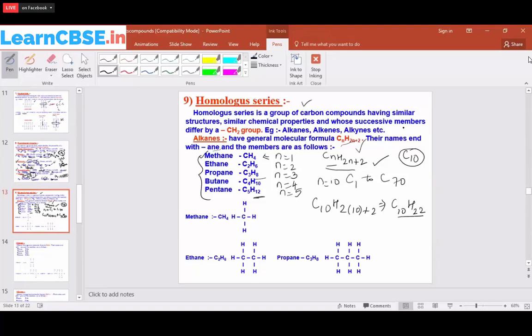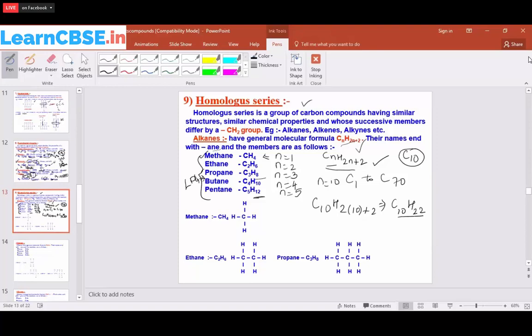That's why we call it a homologous series. Homologous series means it has a similar structure and the same chemical properties. Chemical properties in the sense that methane, ethane, propane, butane, pentane, everything we use for burning purposes. Methane is natural gas, and propane and butane we use in LPG.